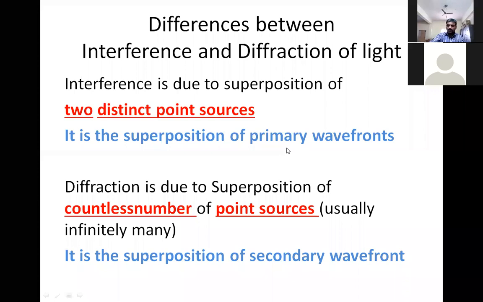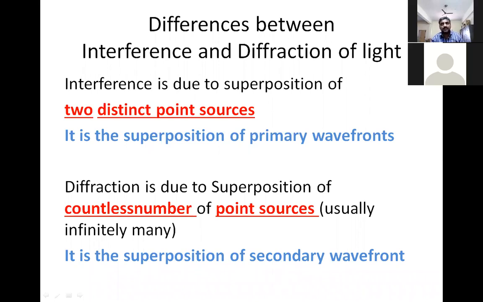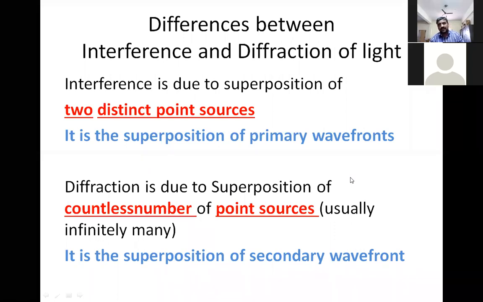Now I'm going to give you some clarity regarding interference and diffraction. Generally, interference, if you recollect whatever I have done so far in the previous 4 classes, I always take 2 rays, ray 1 and ray 2. They are coherent sources, they are superposing with each other, and I always said they are going to cast a maxima or minima on the screen.